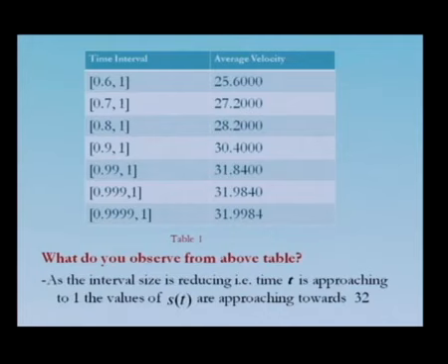You can observe something from this table. There is a clear trend emerging. When the time interval is reducing, the average velocity is approaching 32. So as the interval size is reducing, that is, as the time is approaching 1, the values of s(t) are approaching 32.